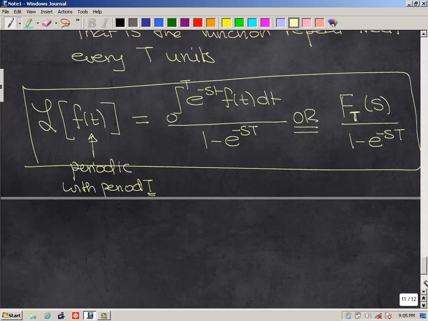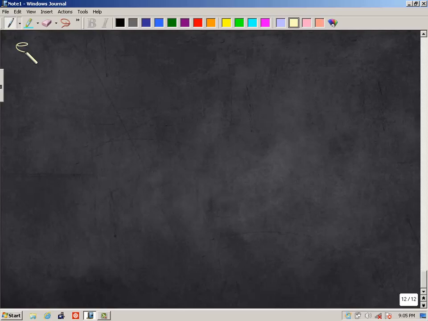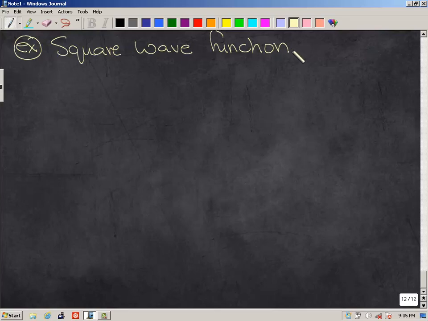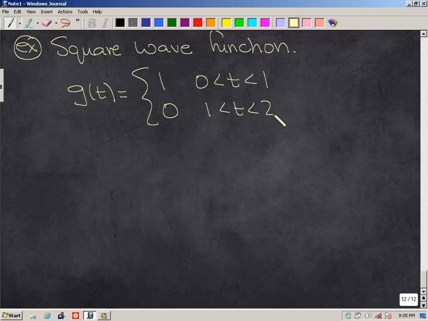Okay, so let's take a look at an example. One of the classic examples of a periodic function is the square wave function, which is defined as this: g of t is equal to 1 if 0 is less than t is less than 1, and 0 if 1 is less than t is less than 2.